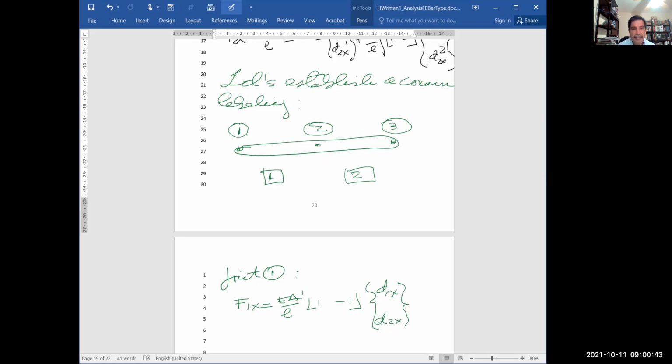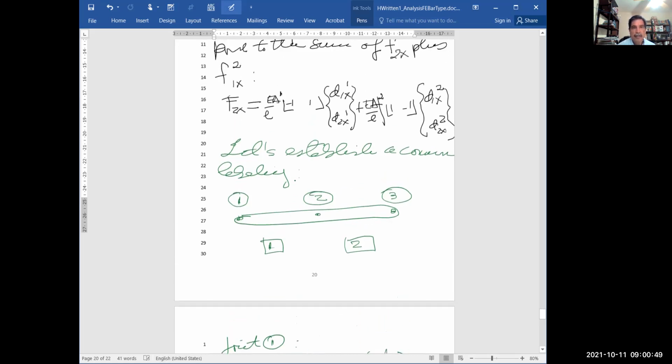I'm going to write this equation, this one here. So this D1x corresponds to this joint. This D2x is this joint. But this D1x of the second element is also the second joint. And this one here is going to be this one.